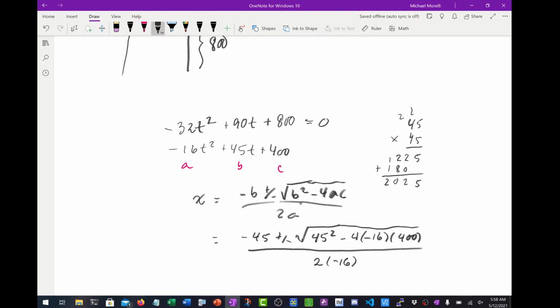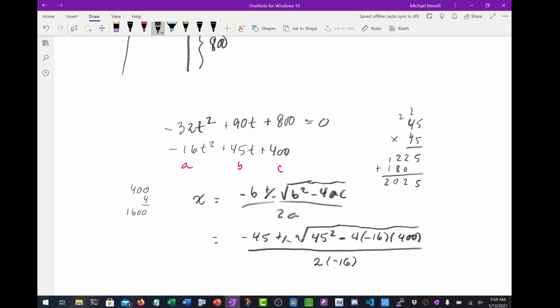Now I've got some work to do over here. I have to wait to do the subtraction. I need to multiply 4 times negative 16 times 400. So 400 times 4, that's going to give me 1600.